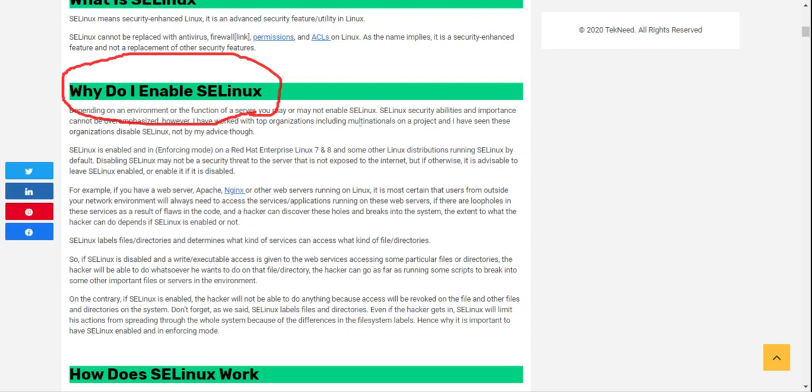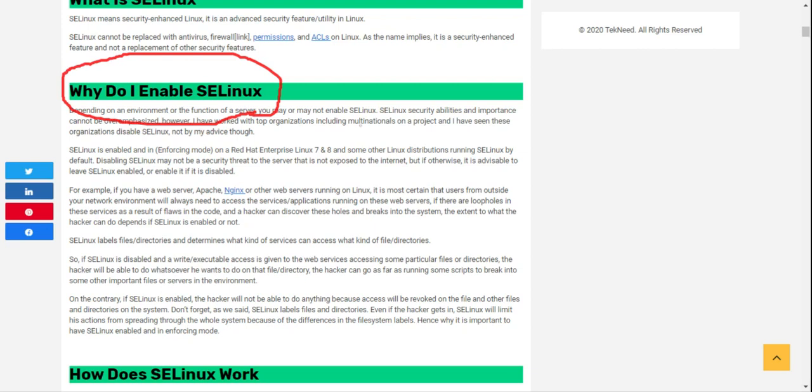But if people from the outside are going to be connecting to your system, you should enable SELinux. For example, if you have a web server, Apache or Nginx or other web servers running on your system, of course the web services would use a port, and people from outside would always connect to the services on your web server. And if a hacker is able, by any means, to hack into the system via the open port, what SELinux would do is block all the malicious activities of the hacker, because SELinux labels every file system on the system.